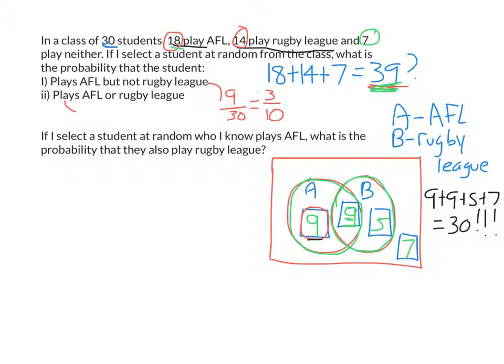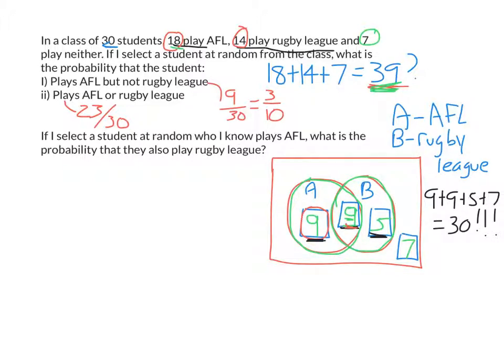We include these 9, these 9, and these 5. 9 plus 9 plus 5 is 23, so we're talking 23 out of 30. So note, whenever we say A or B in probability, we mean A or B or both. You always include the middle unless the question specifically asks you not to.